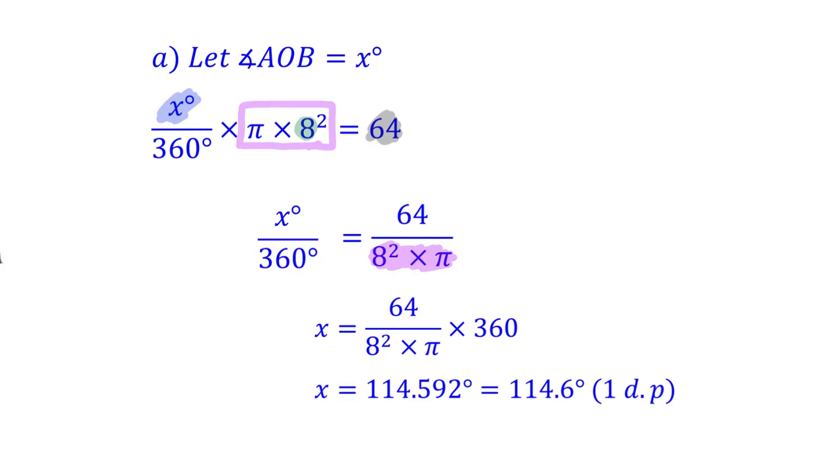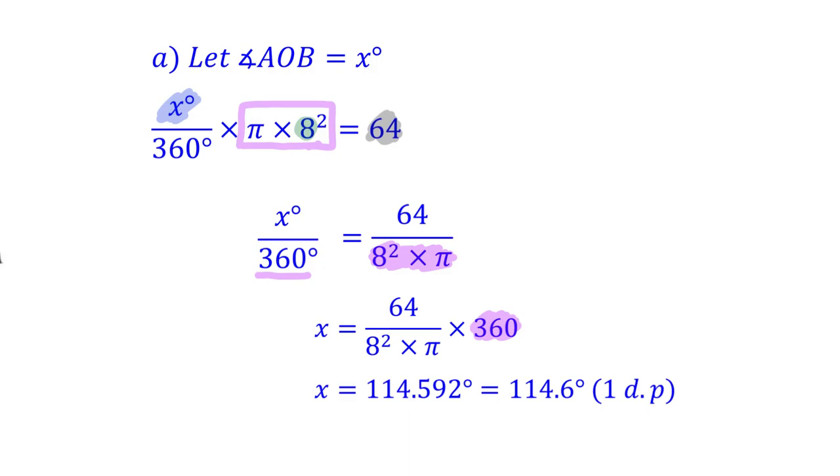I'm going to multiply 360 degrees on both sides, and eventually I will get 114.6 degrees when rounded off to 1 decimal place.